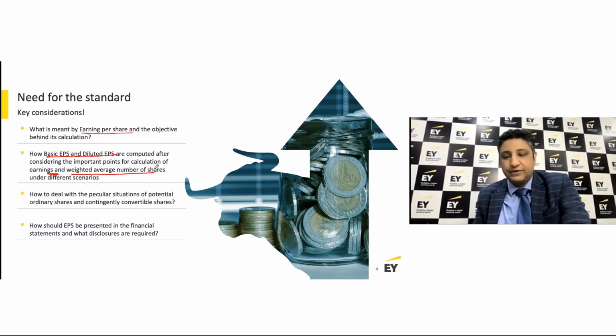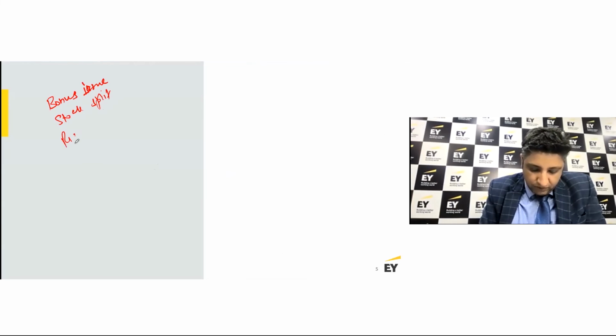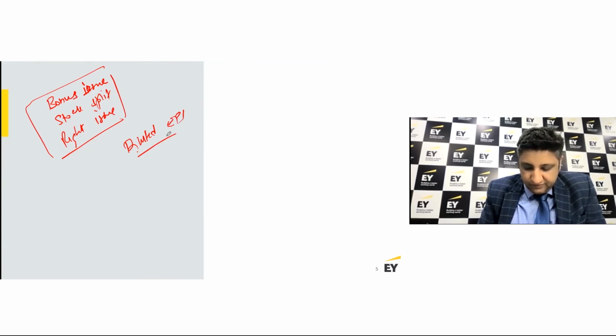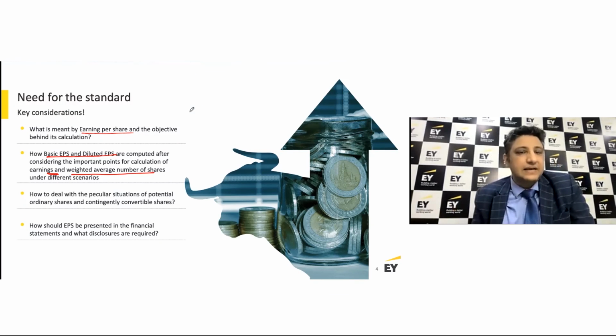We would be referring to, for example, something called a bonus issue. We'll be talking about stock split. We'll be talking about rights issue, for example. And then there are some aspects of diluted EPS. So we'll refer to all these aspects when we are discussing how to calculate the basic EPS and diluted EPS under different scenarios.